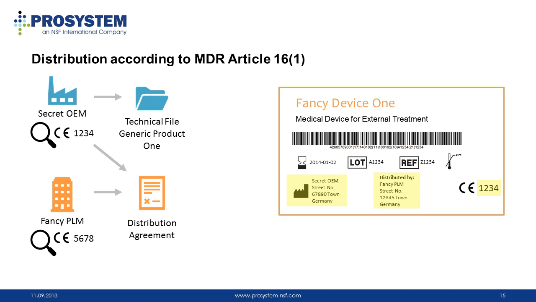So it is not the PLM which is visible on the product, but you've got this factory symbol for the European manufacturer or legal manufacturer, and there directly on the product there must be the OEM labeled on the product.